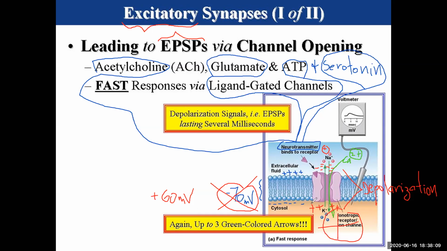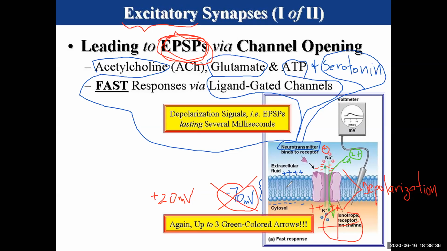So that's how you generate EPSPs. Now, 60 millivolts is very large. That's one action potential. Maybe to a positive value of, let's say, around 20 millivolts. We're talking about dendrites and cell body here. We're not talking about axon hillock yet.